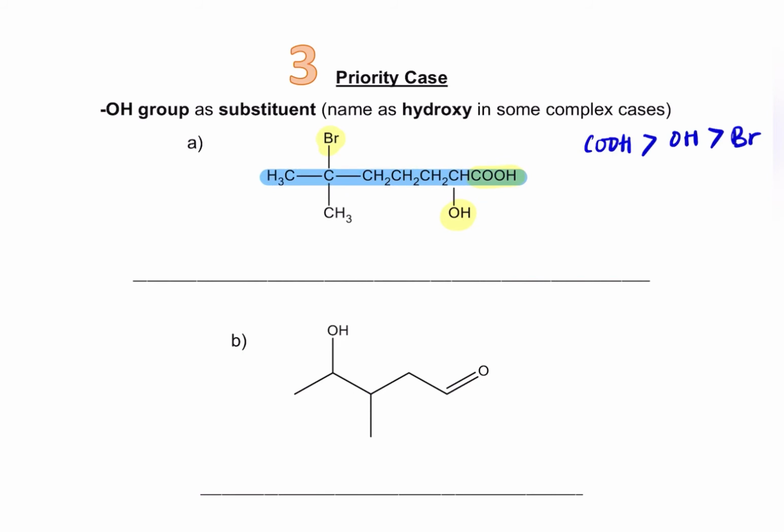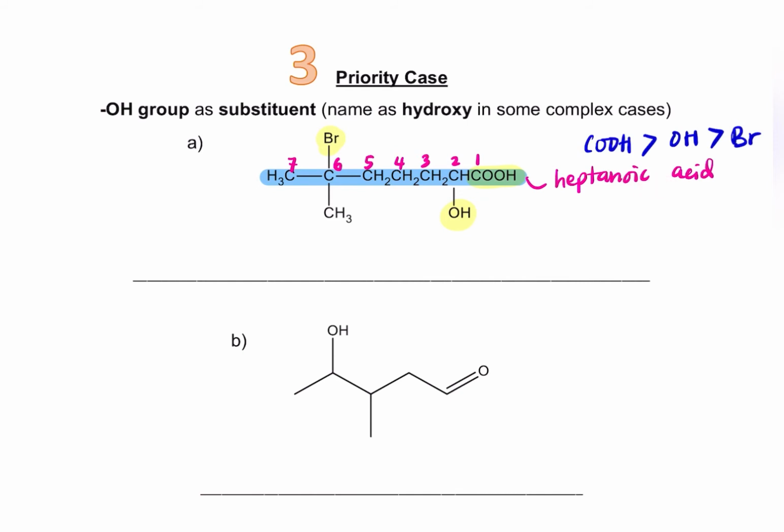So this is going to be your parent, and the first carbon is automatically the one with the carboxyl group attached to it, this one, first carbon, followed by this one, 2, 3, 4, 5, 6, and 7. So you've got 7 carbon chains for carboxylic acid. So the name of the parent will be heptanoic acid because this is a carboxylic acid. Make sure there is a space between oic and acid.